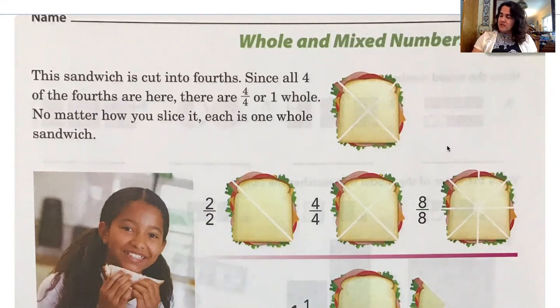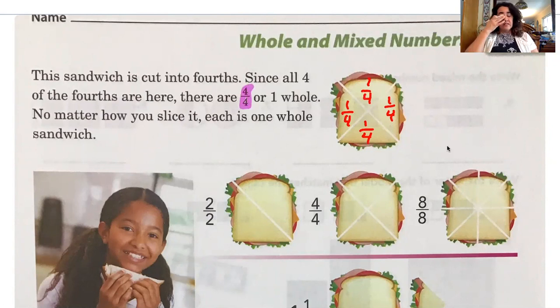Boys and girls, do you see that we have 1/4 here, 1/4 here, 1/4 here, and 1/4 here? They're all here. And if we were to add 1/4 plus 1/4 plus 1/4 plus 1/4, it would equal 4 fourths, just like it shows us here.